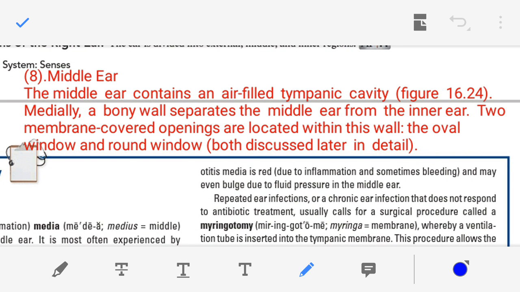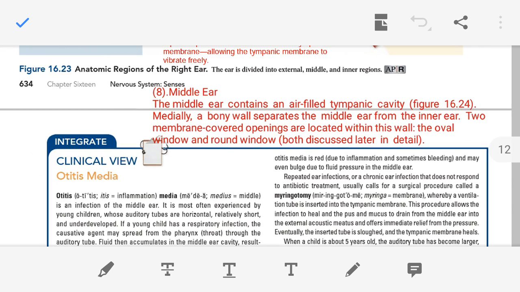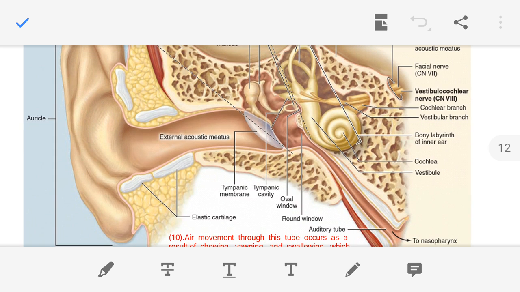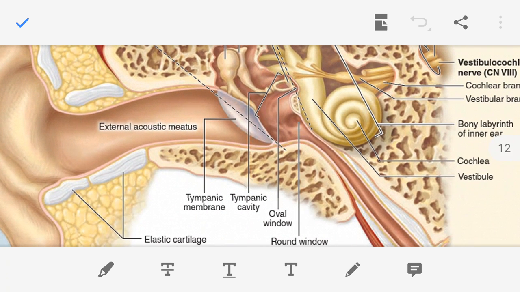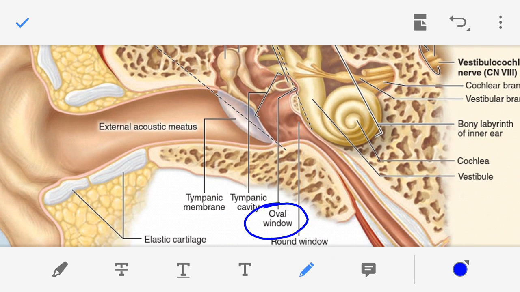Now in this bony wall, 2 membrane-covered openings are present. These 2 membrane-covered openings are located within this wall, and they are known as the oval window and the round window.